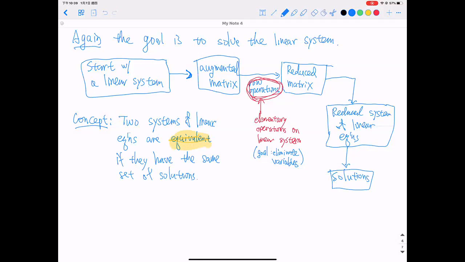Okay. So basically the key point is, elementary operations produce equivalent systems.